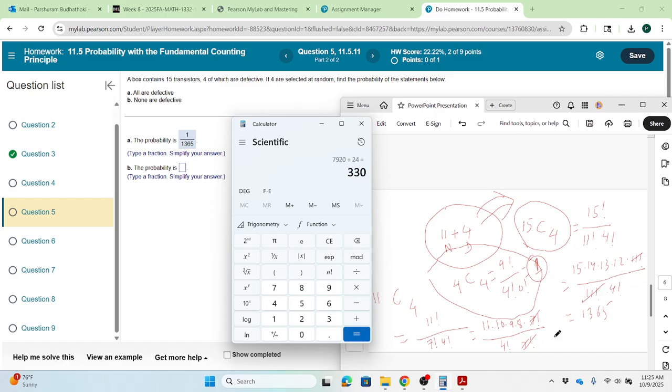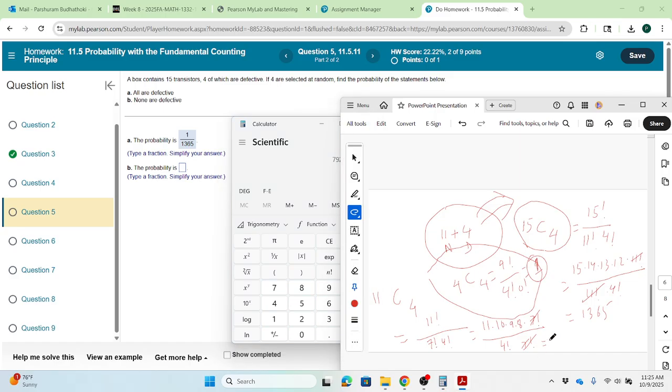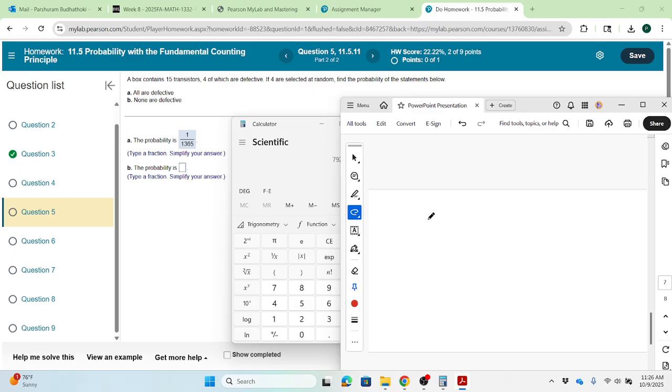So there are 330 different ways you can choose 4 of the transistors where all of them are non-defective, and this is the total number of ways to make the selection. So 330 out of 1365. That's the probability. Are there any common factors?